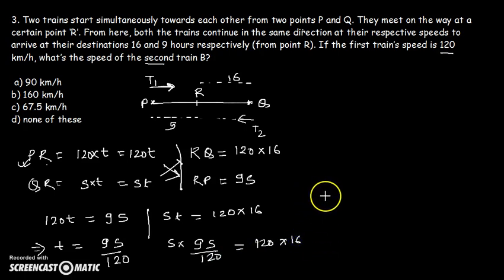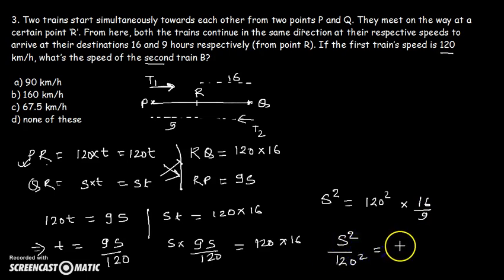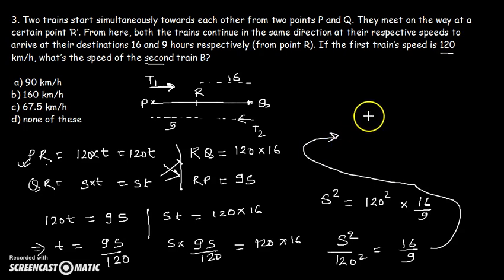So essentially, you can write S square is equal to 120 square multiplied by 16 divided by 9. Or you can say S square by 120 square is 16 by 9. Okay, you can write it like this. S by 120 is equal to square root of 16 by 9.